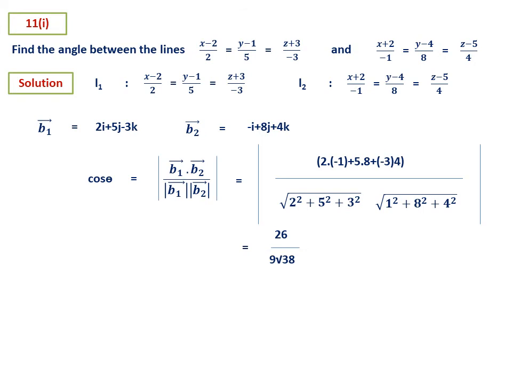So it is 26 by 9 root 38. I have directly given the simplified answer. Therefore, theta acute angle will be equal to cos inverse of 26 by 9 into root 38. So this is the acute angle between them. So this is when the equation is given in Cartesian form. Let us proceed.